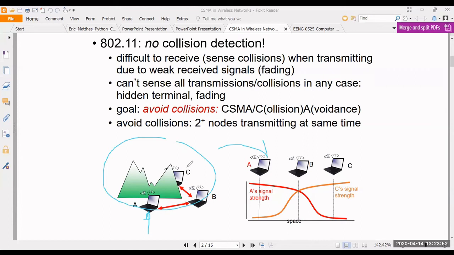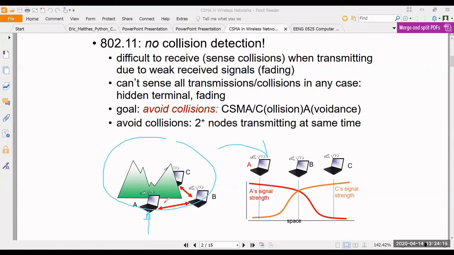A and B are in range, in the same space, so they can communicate. That is how wireless systems work. They are supposed to be in range to be able to communicate.